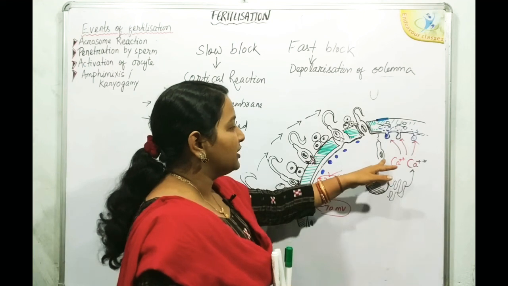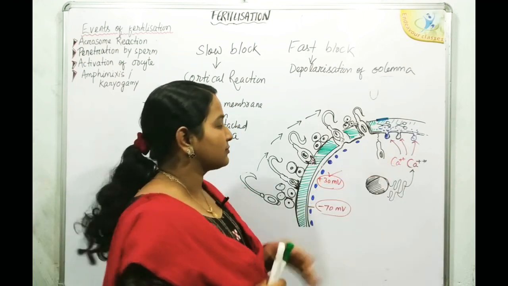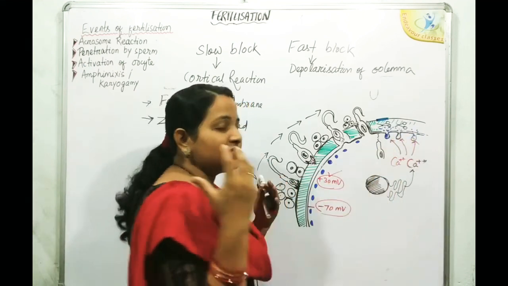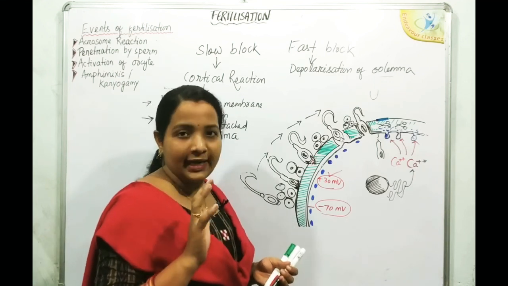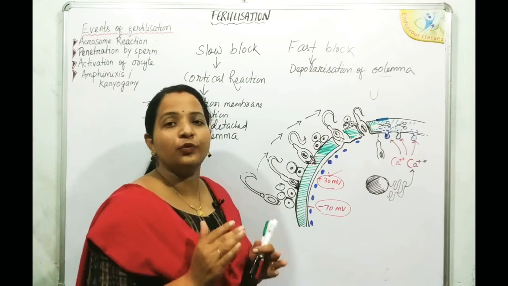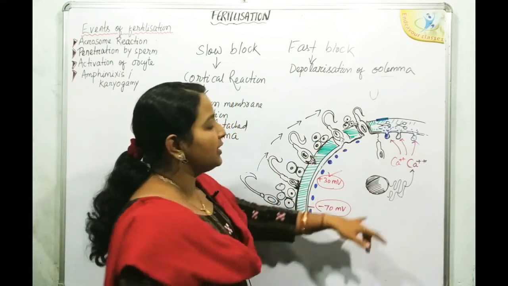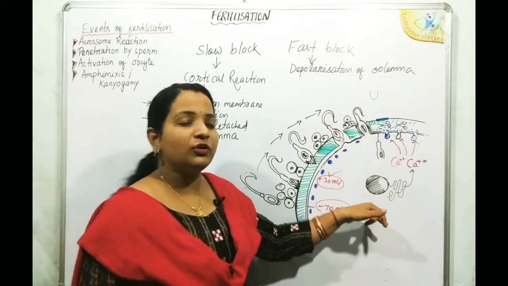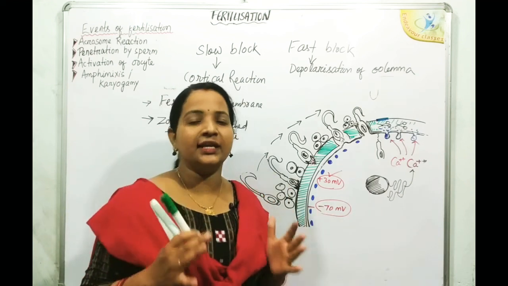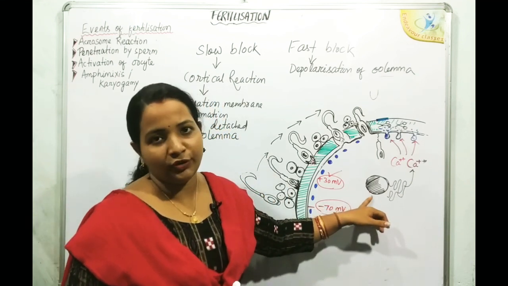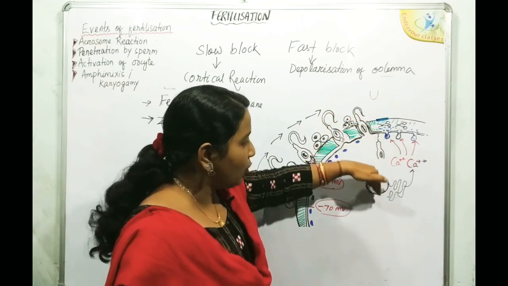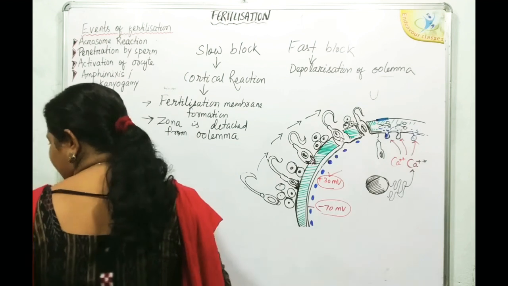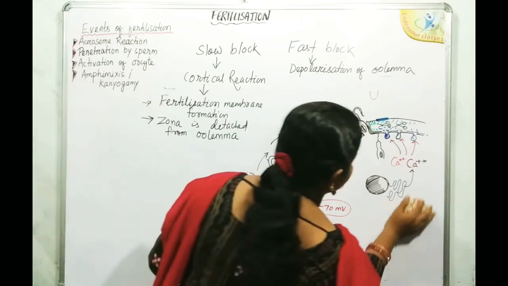So now the male nucleus gets nourishment from the ooplasm and it is slightly enlarged. That is called the male pronucleus. Simultaneously the oocyte nucleus also is enlarged and it is called the female pronucleus. And there is fusion; let me draw here.